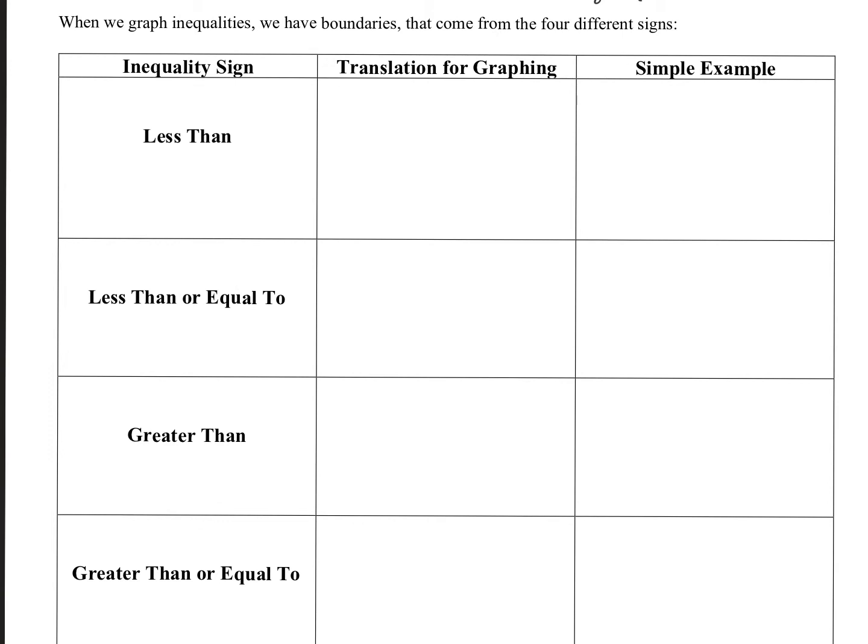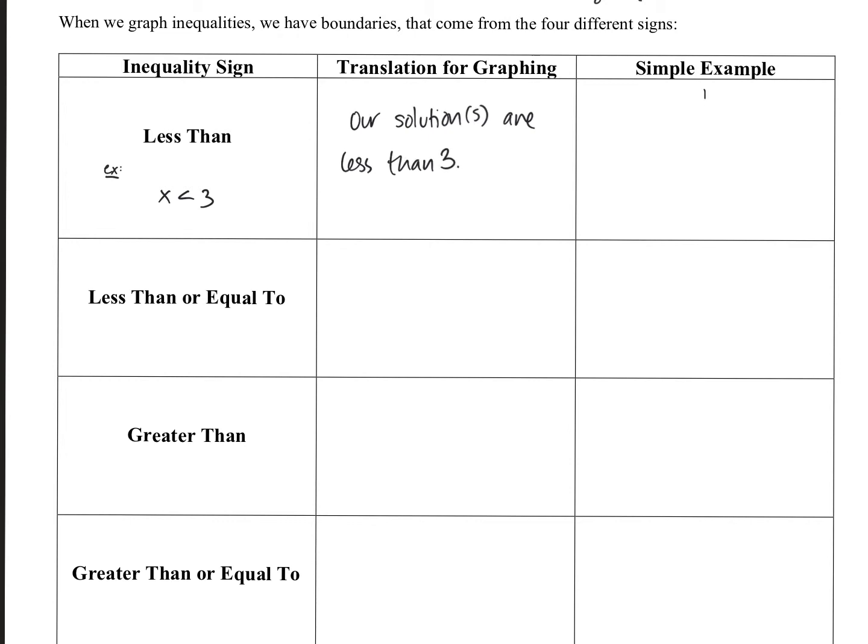So let's have a quick simple visual for each of the inequality symbols. For the inequality sign less than, we might have something like, and here's where our example comes in, x is less than 3. Well, let's write this out. So translation, our solutions are all values less than 3.